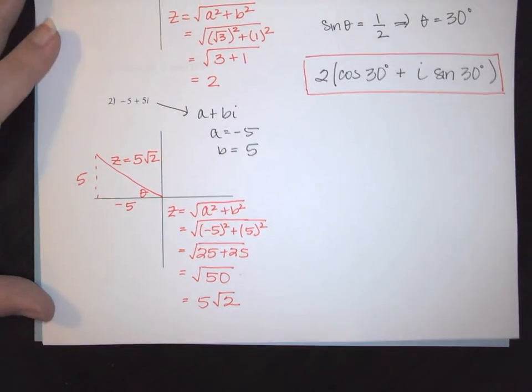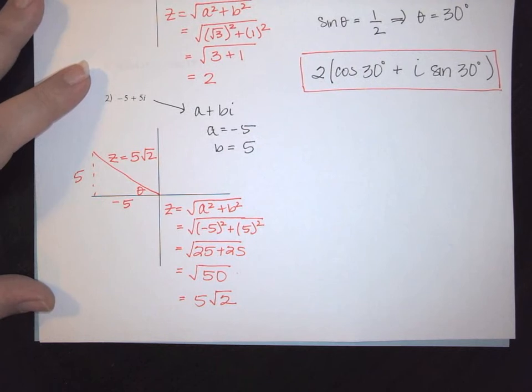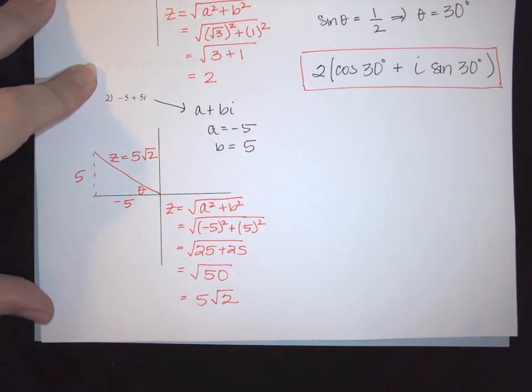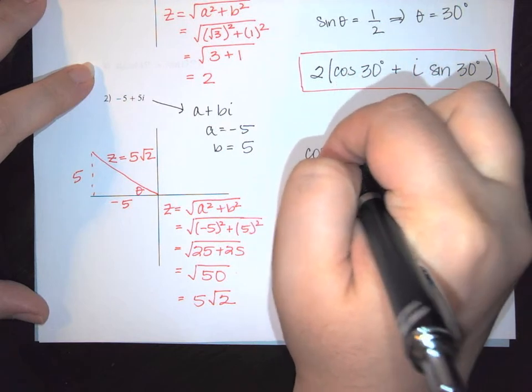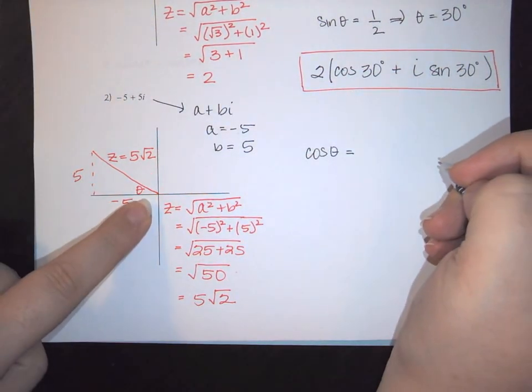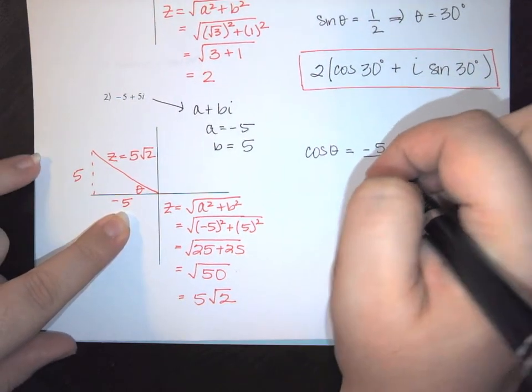Again, now that you know your triangle, you can find your formula. So just like before, you need the cosine of your angle. So if I look, my cosine is going to be -5 over 5 square roots of 2.